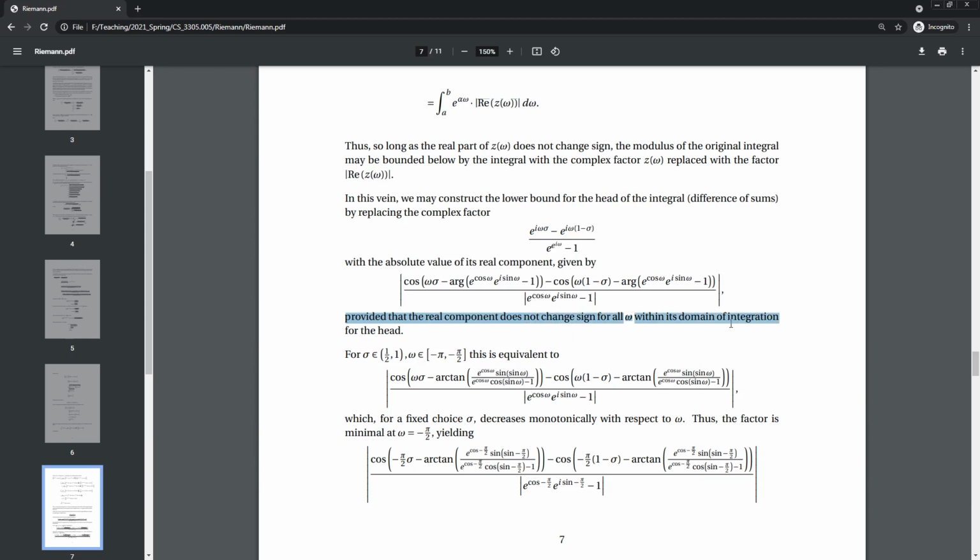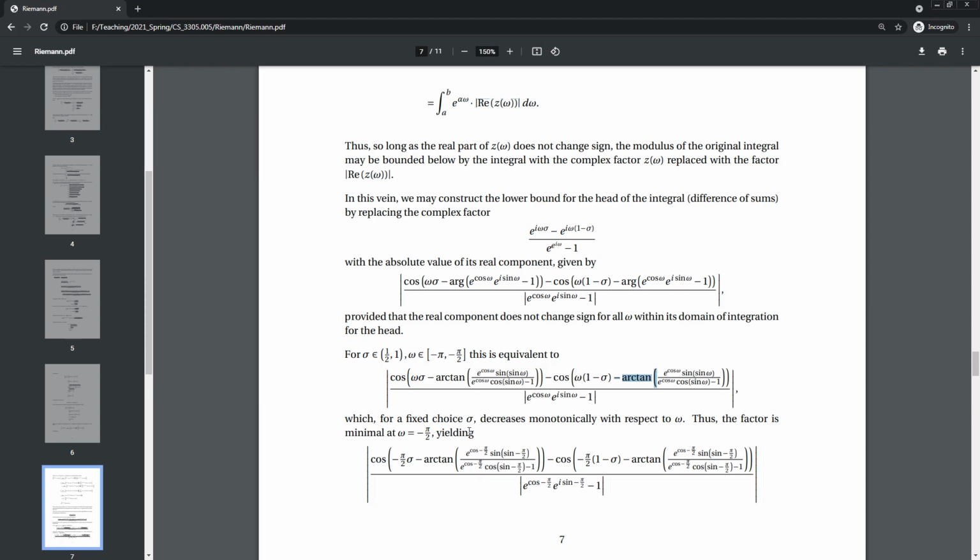So provided that the real component doesn't change sign for all omega within its domain of integration for the head, when sigma is in the right half of the critical strip and omega is in the domain we've defined for the head of our integral, this is equivalent to this, where we've replaced argument with arctangent. For a fixed choice of sigma, this decreases monotonically with respect to omega.